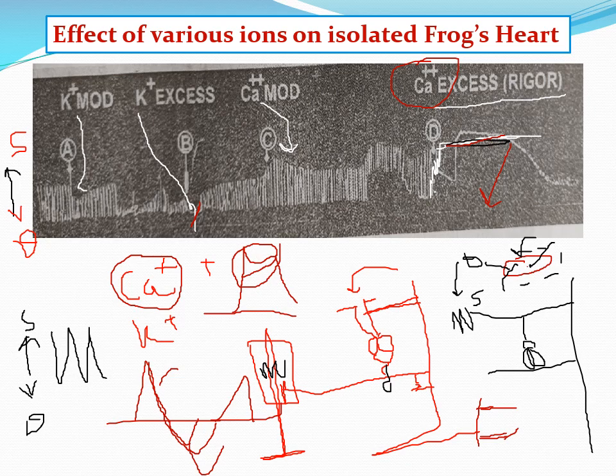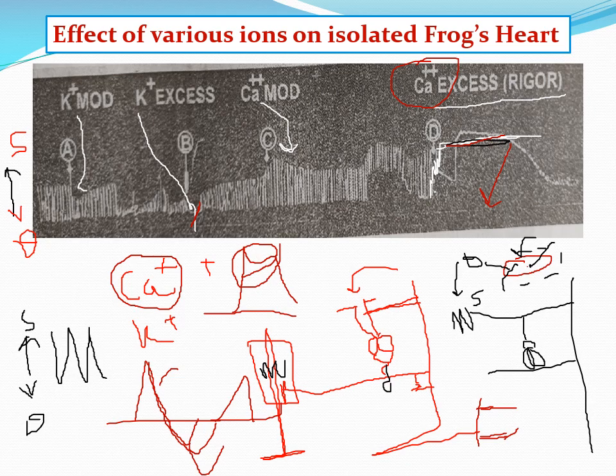So students, this theoretical part also you should know, because the examiner can ask you questions regarding the ions. Up to this point we studied the effect of the ions, and what happens if the concentration of the ions increases or decreases, what its effect on the heart is. Students, we will stop here, and if you have any difficulty or doubts regarding this discussion or these topics, you can ask me.